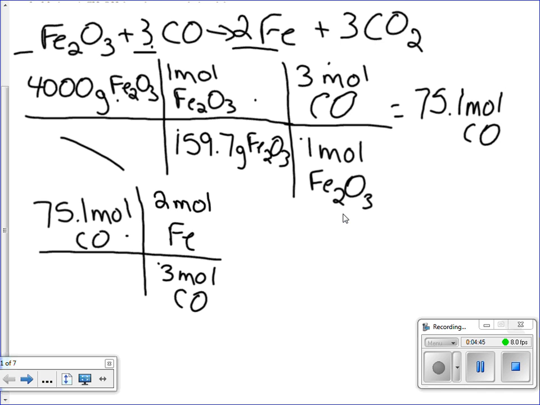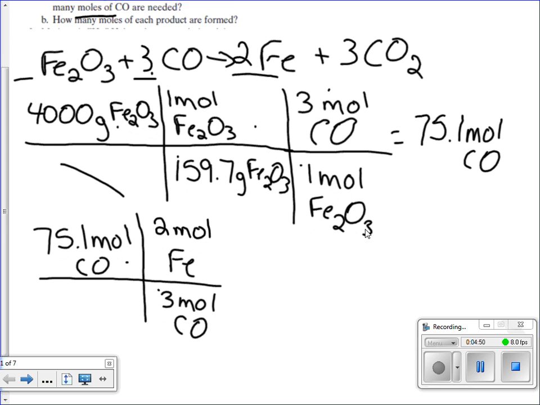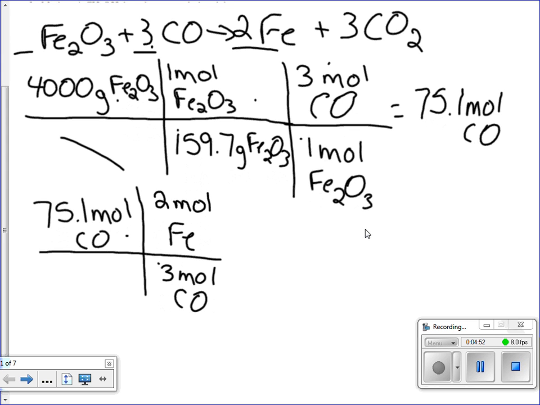The question in B asks us for moles of product. Well, I have units of moles. Fe is a product, so I'm done. Plug this into your calculator, and you should get 50.1 moles of Fe.